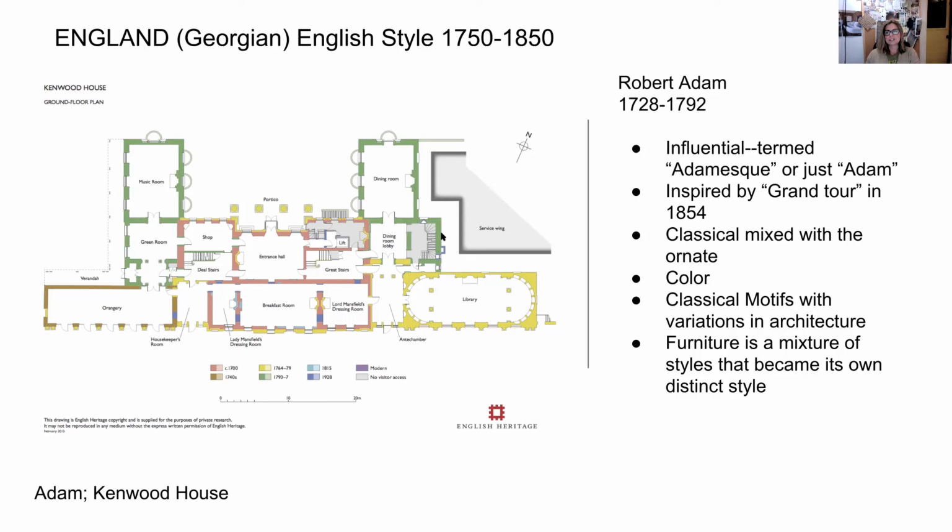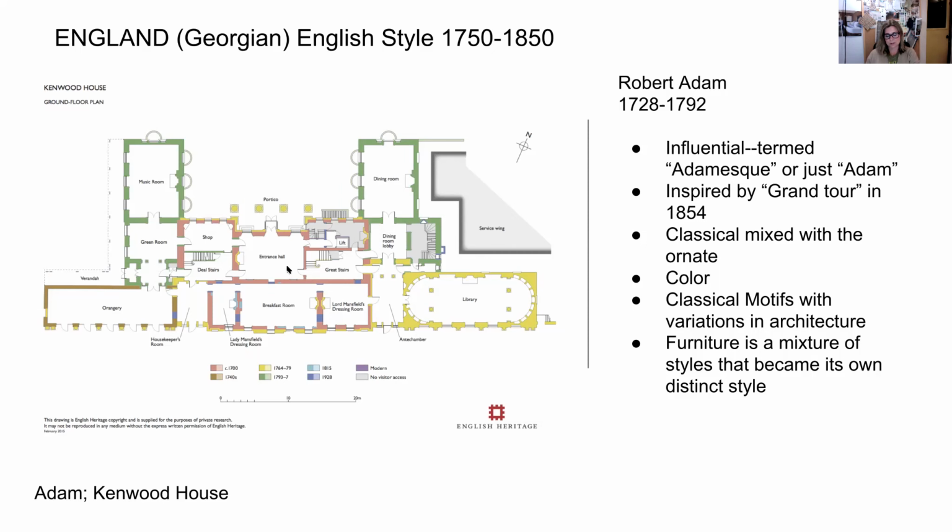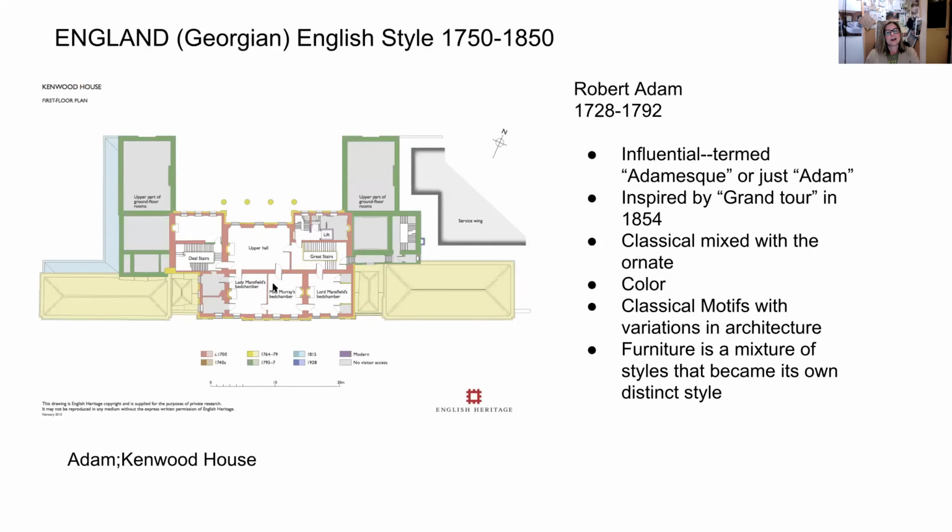Most likely the kitchen was in the service wing, or might even have been in the basement, because kitchens weren't a place where you would go. But up here, look at how small in comparison to everything else. Even in comparison to the entrance hall, how small the bed chambers were. So it's really interesting.